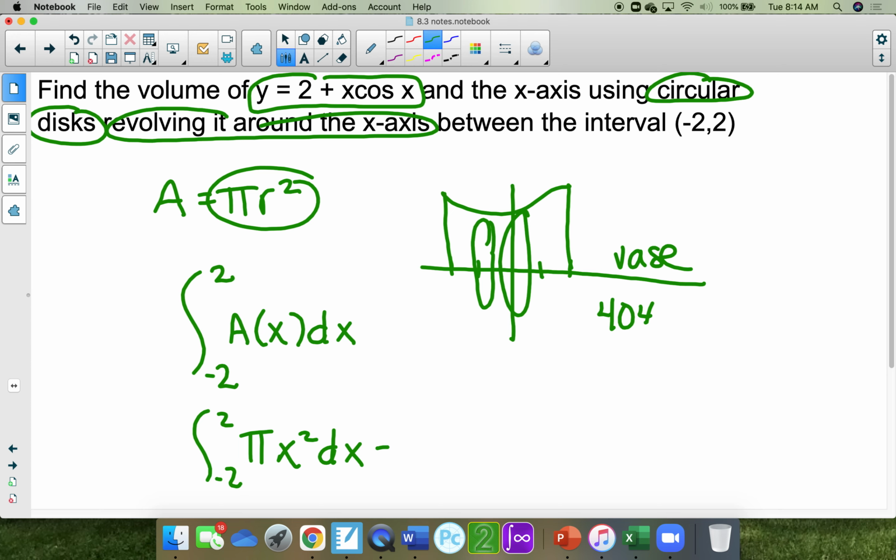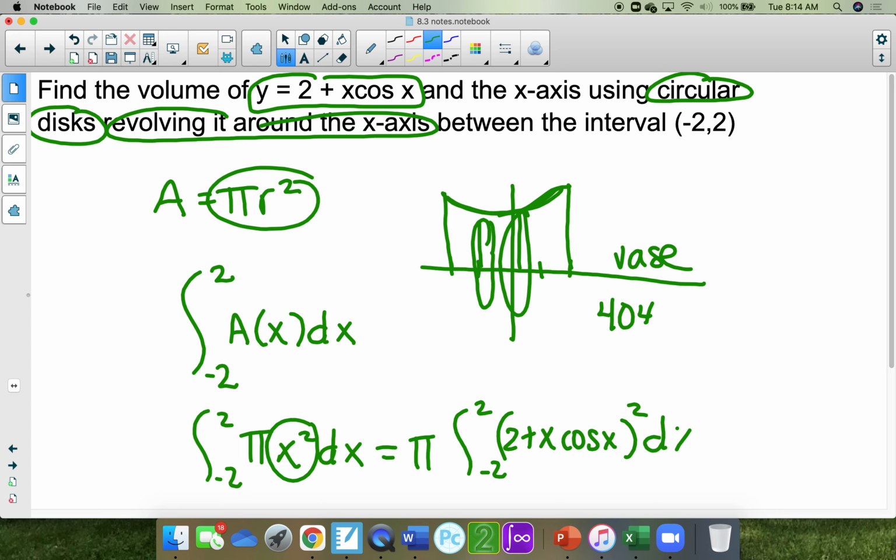The pi just comes out, and you're going from -2 to +2, and it's going to be 2 plus x cosine of x, that's the height right here, squared dx. If you use your FnInt button after you set it up, you're going to get 52.43 units cubed.